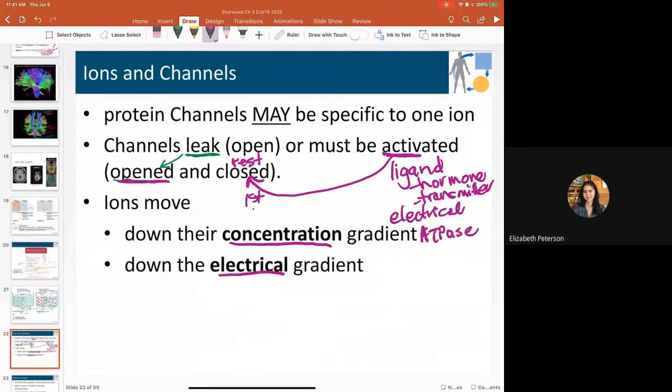The sodium is maintained by a sodium-potassium ATPase. Potassium moves down its concentration from inside the cell to outside, and then the ATPase pumps it back in. The electrical gradient for potassium is tending to want to keep potassium in. The negative charges on the inside of the cell tend to attract the positive charge on the potassium.